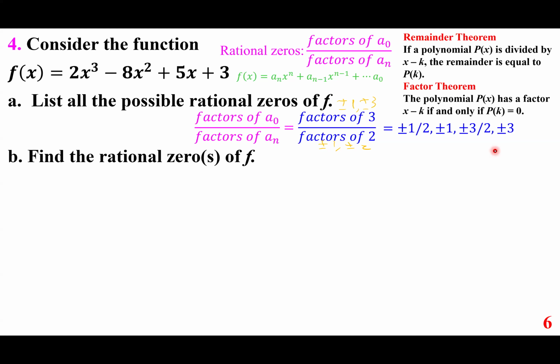So what do we do? I'm going to try number 3, and I want to make a point. It's 2 times 3 cubed minus 8 times 3 squared plus 5 times 3 plus 3. If you work it out, it ends up being 0, everybody. This is 27.